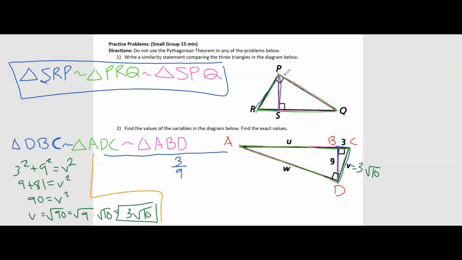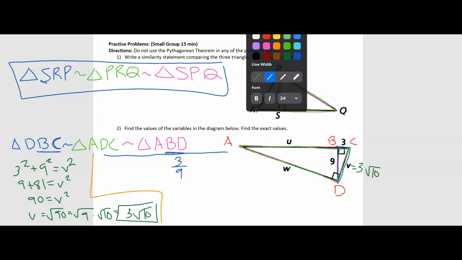Now, let's use the pink triangle. What side corresponds with 3 from the blue? So 3 from the blue is BC. The corresponding side of BC with the pink is going to be BD, which is 9.